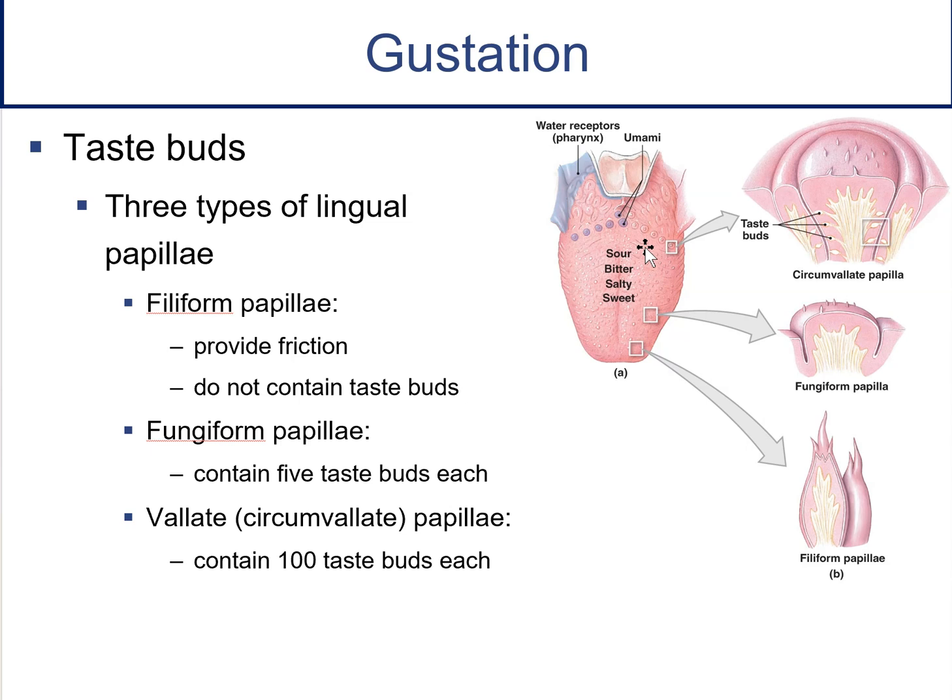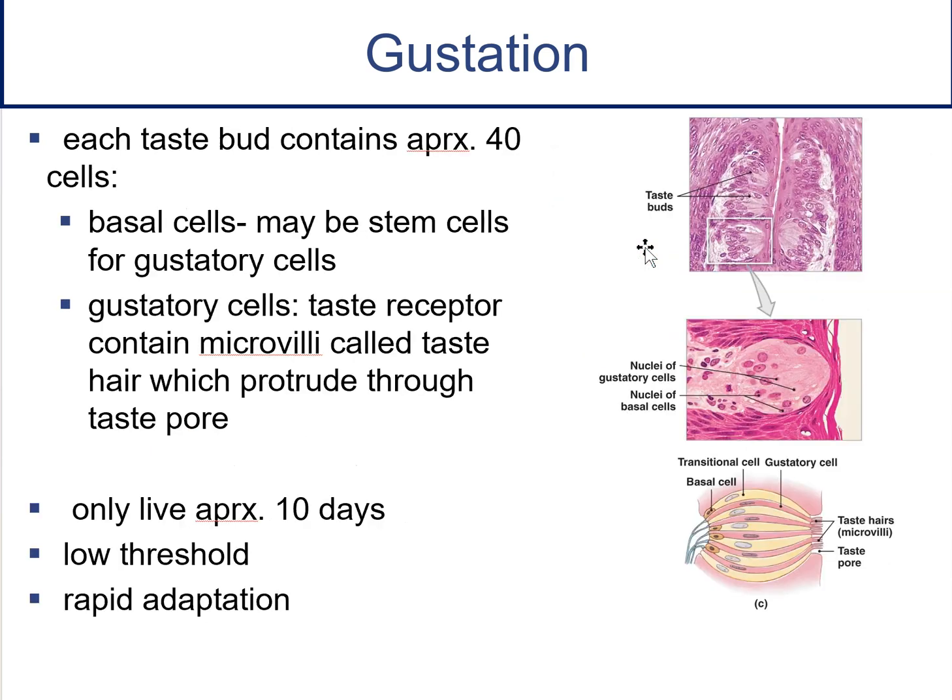And if we look at the actual taste bud, one taste bud is a bunch of cells. You can look at this picture down here, and there's cells here called basal cells, which are basically the stem cells. You ever burnt your tongue and you couldn't taste for a couple days? That's because it took time to regenerate these cells. And then you have your taste cell, which is called a gustatory cell.